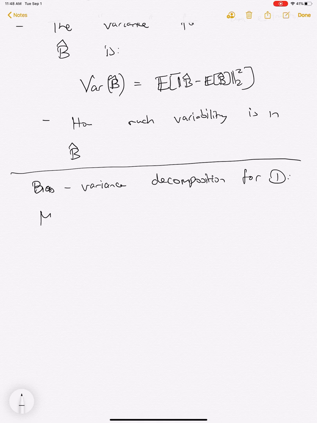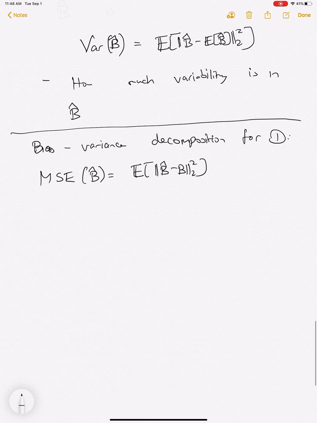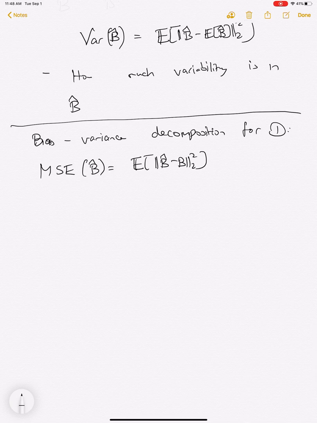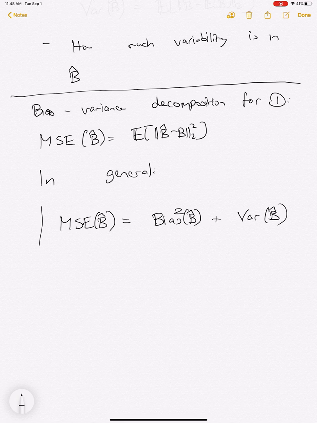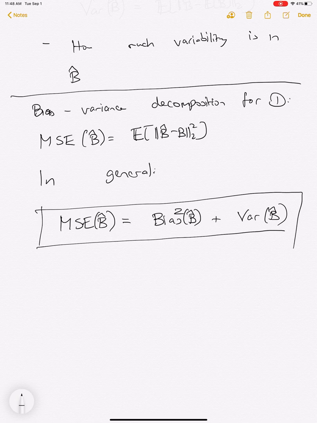So we can say that the mean squared error of b hat is just, okay, so this is the bias variance decomposition that we see.